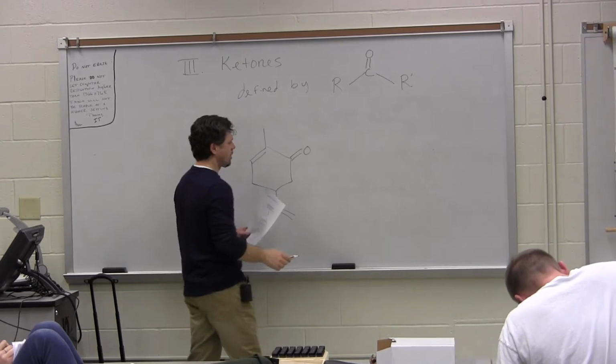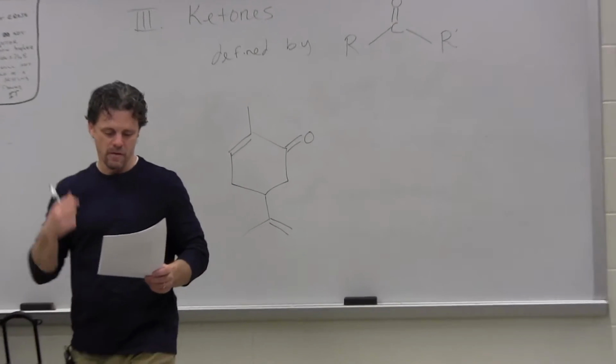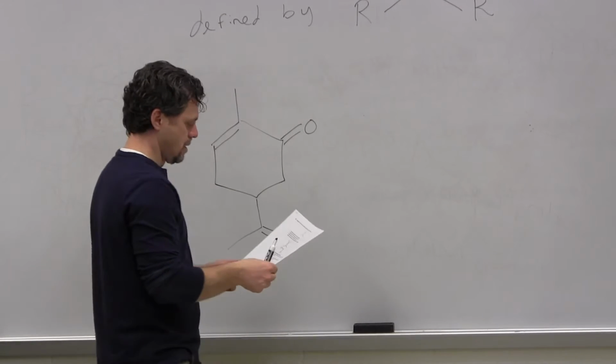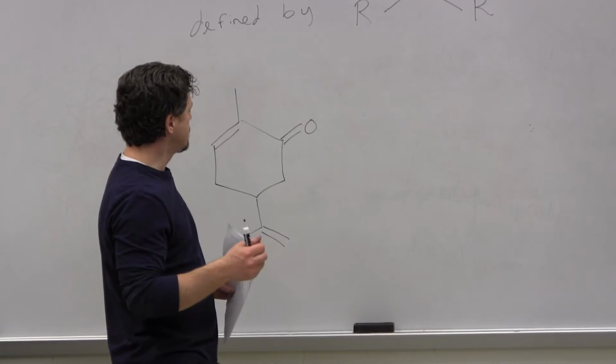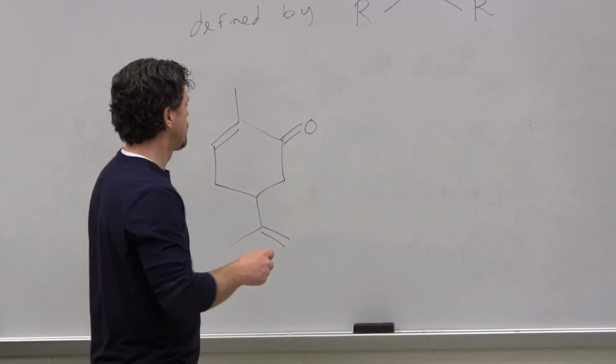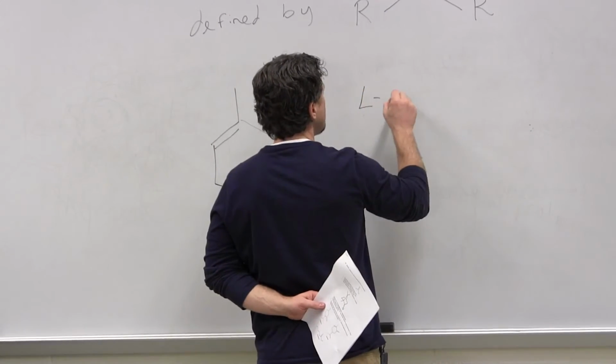Now, you asked about Carvone. You see now the difference in structure. Carvone is an important one because it is in spearmint. It's a major component of spearmint. So specifically L-Carvone.